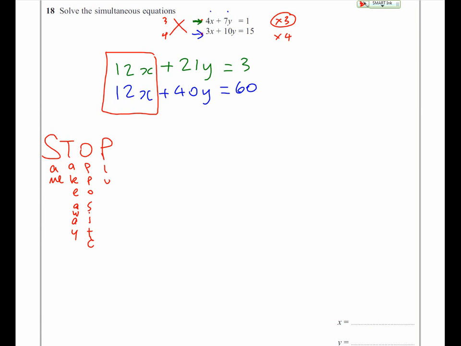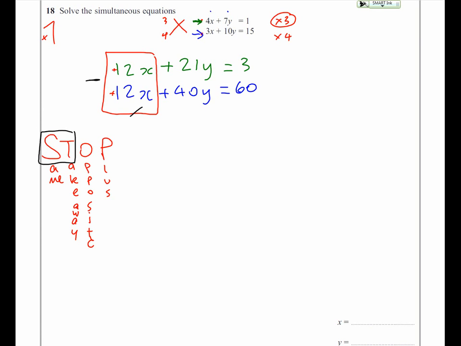But I will go into all this in more detail in a different video. If a number doesn't have a sign in front, say the number 7 on its own, it's not a minus, it's a plus. So we know that these were both pluses, i.e. they're the same. So you're going to be doing same sign, take away. So we take away 12x from 12x, we get nothing. They're eliminated, and this is called the elimination method.